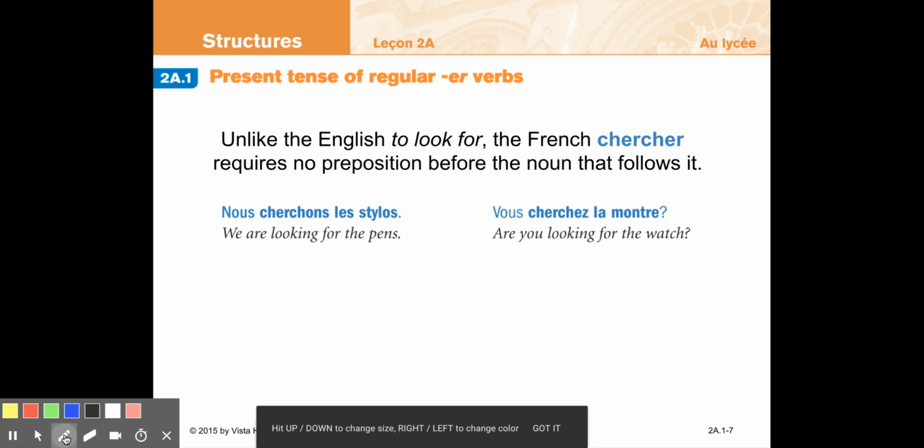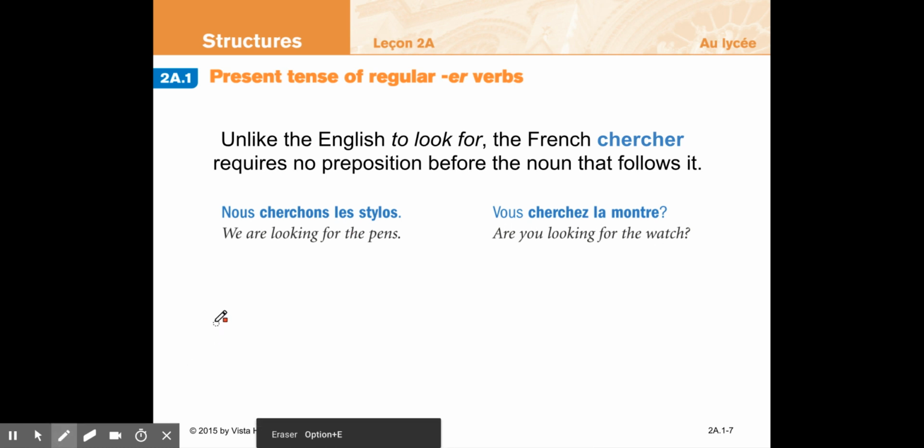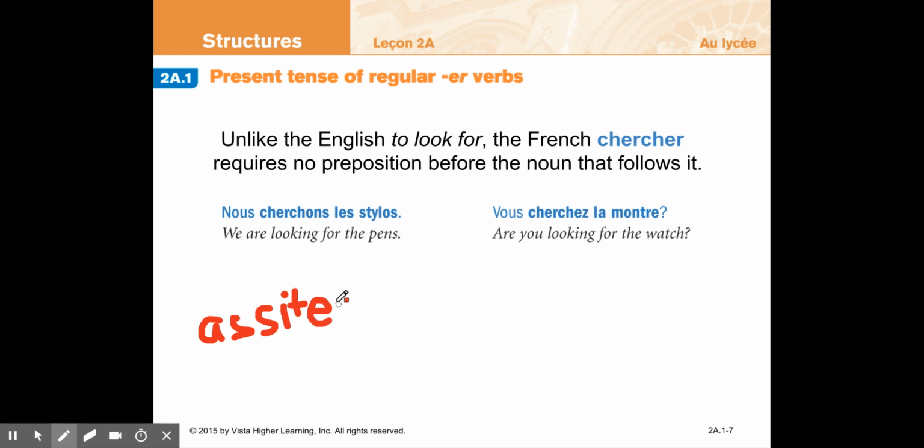On the other hand, the verb "assister" always requires a preposition after it. Assister means to attend. In English, we don't have to have a preposition, but in French, you need that preposition à.